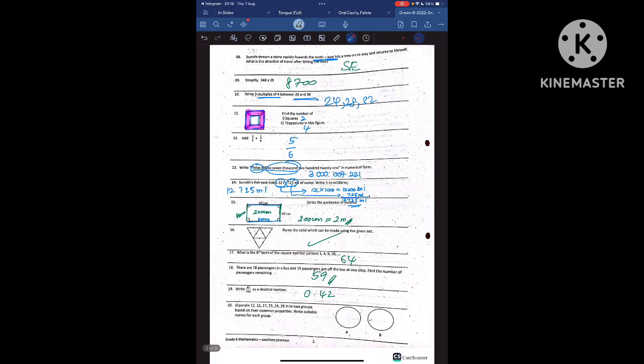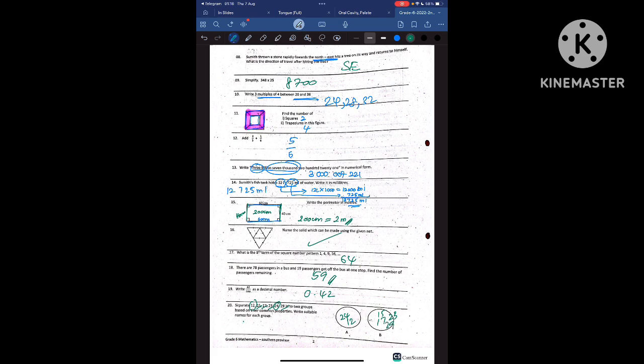Next one is separate 12, 15, 17, 23, 24, 29 into 2 groups based on the common properties. Write suitable names for each group. So you can write 12, 24 as multiples of 2, and 15, 17, 23, 29 inside this one.